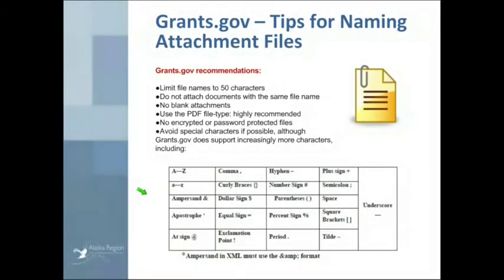However, Grants.gov is working on the programming, and they're starting to accept more and different types of special characters, including a space, brackets, tilde, percent signs, and so on. But I personally, to the greatest extent possible, would try to avoid any special characters.